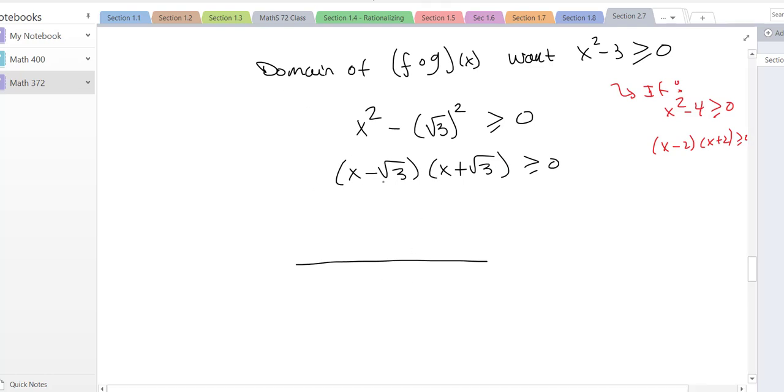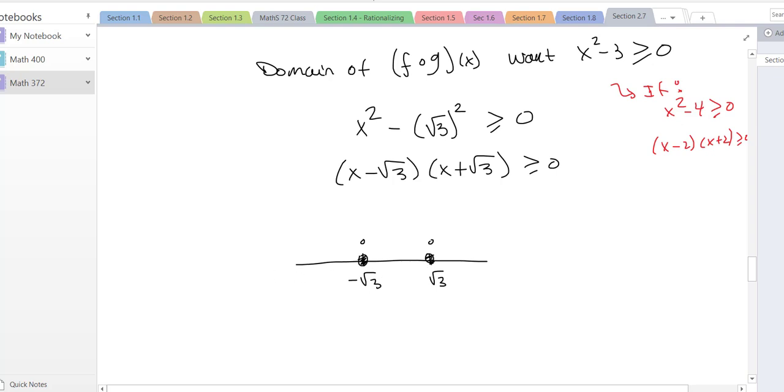So let's plot our zeros. Negative root 3 makes the second term 0, and positive root 3 makes the first term 0. So that's where you have the zeros, and it is included, so these are going to be solid. And now we pick our test points.